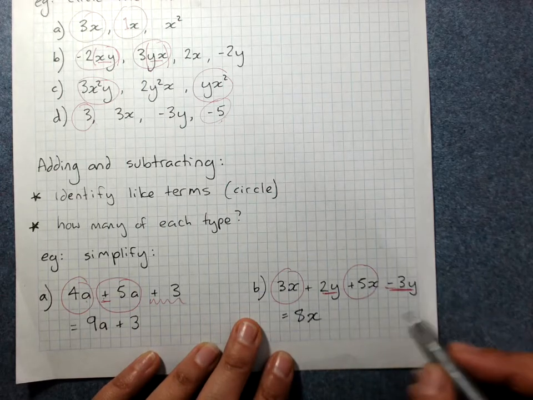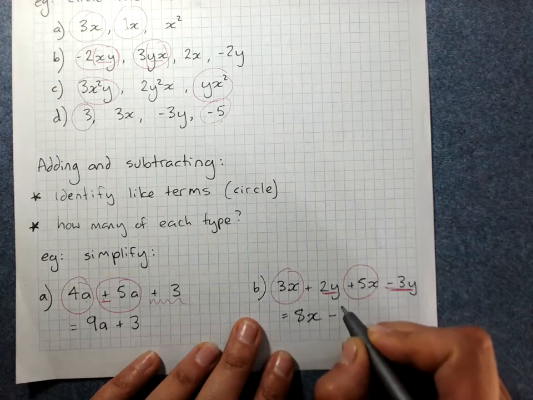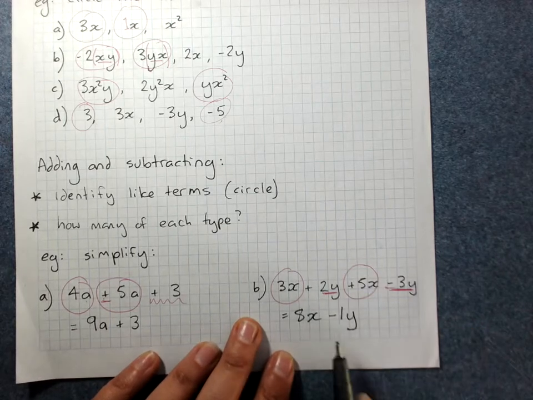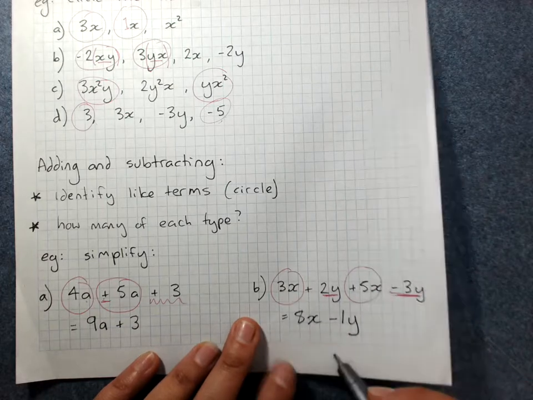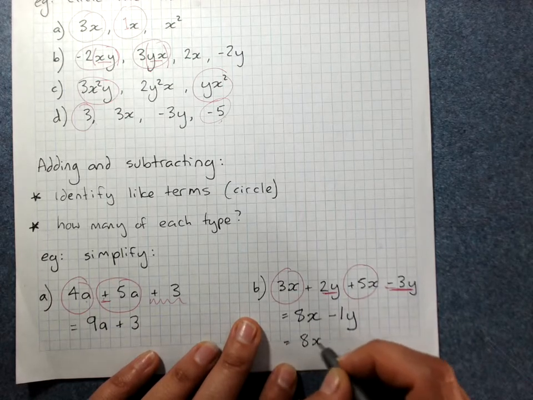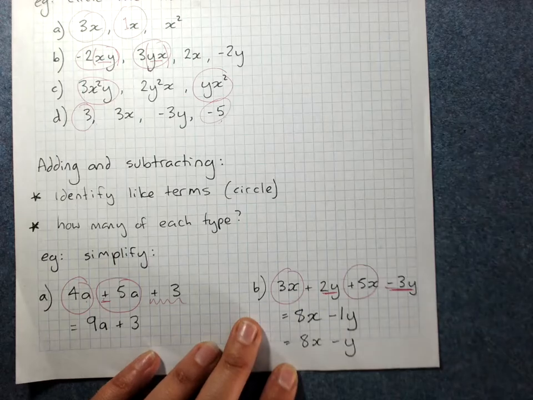To take away 3 is minus 1. I've got minus 1y. And remember, you don't need to have that 1. I could have just written 8x minus y.